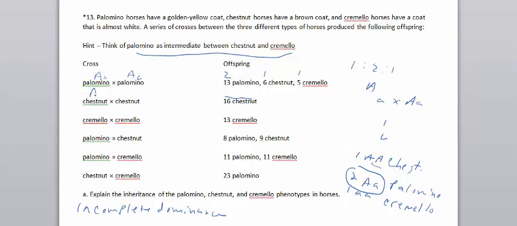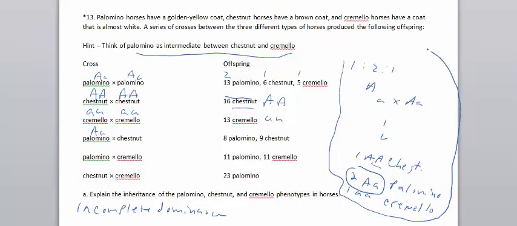We said that those were big A, and the only way to get it is this. And we get all chestnut, and that makes sense. Cremello, we said that was little a, and we get all cremello, little a. Palomino, they have to be heterozygous. So the idea is that you figure out these rules, you figure out what's going on, and once you have that, it's easy to go through and say what everything else is.